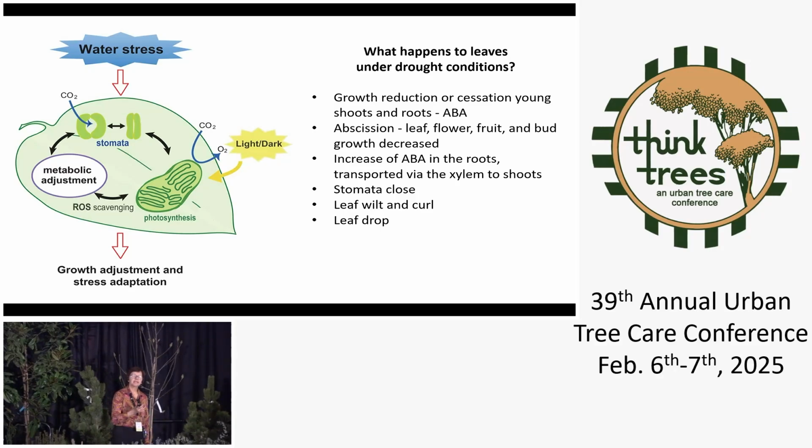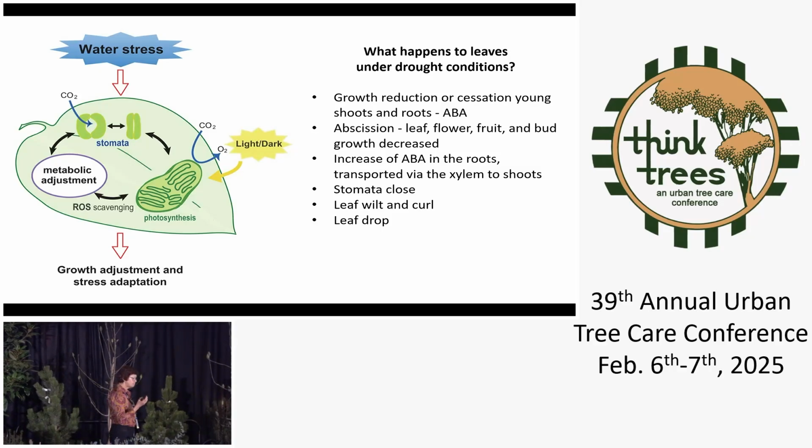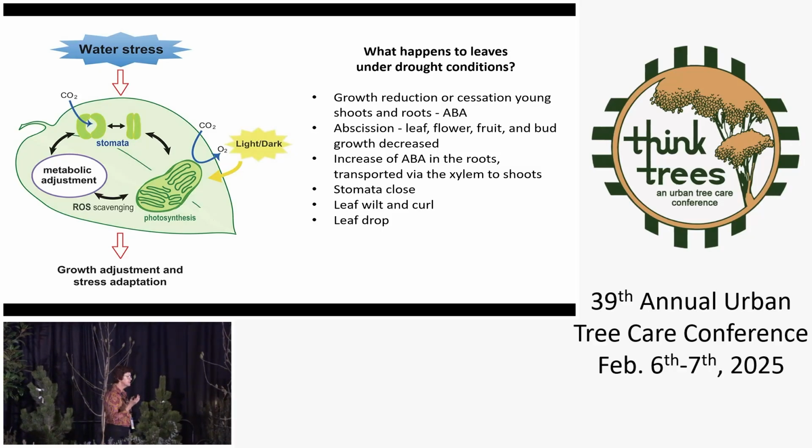This then can lead to immediate damage of the photosynthesis and the cells that are associated with it. There can be an increase in the reactive oxygen species, which usually go about their business and are part of the metabolism, but under stress, they can build up to very dangerous levels and then cause oxidative damage.